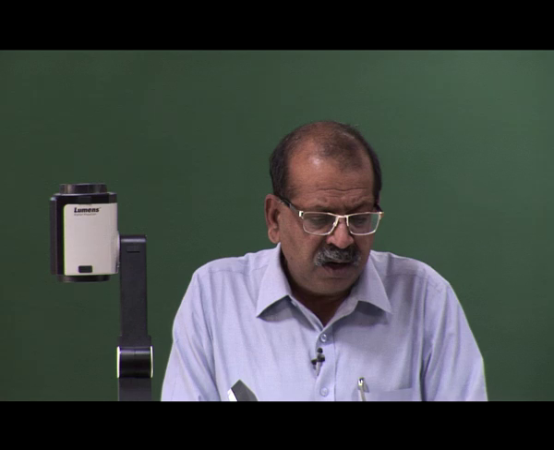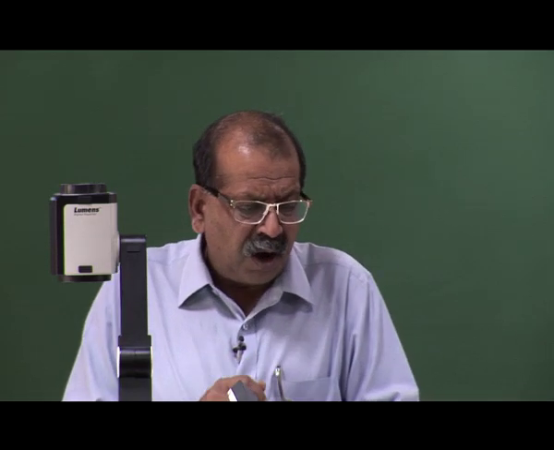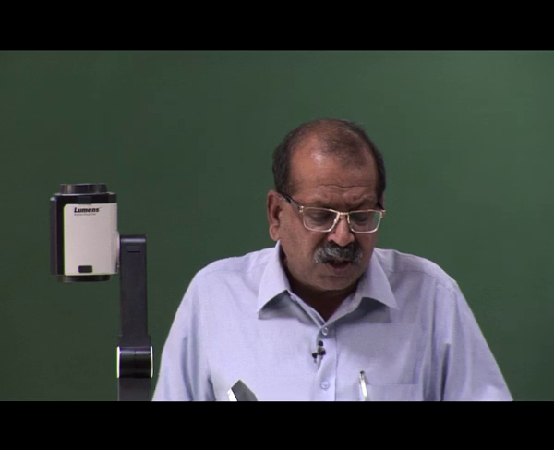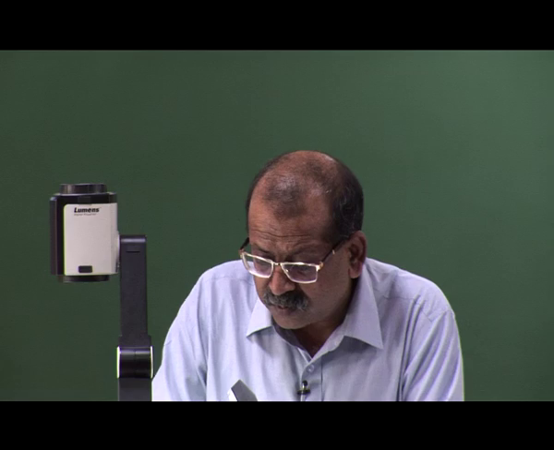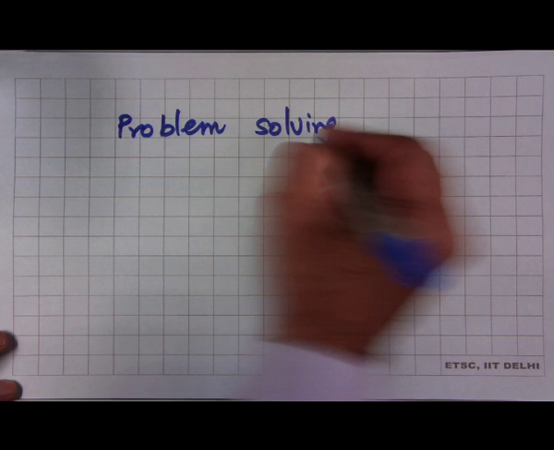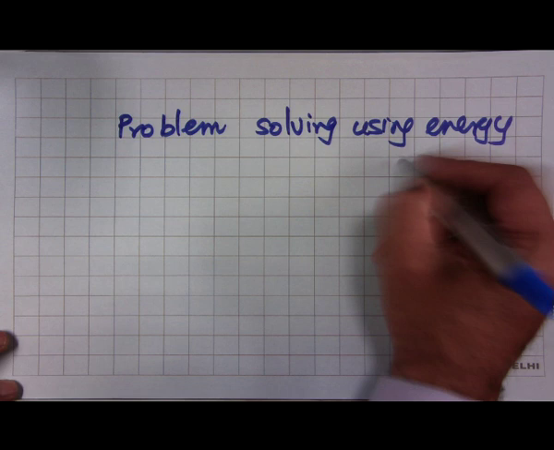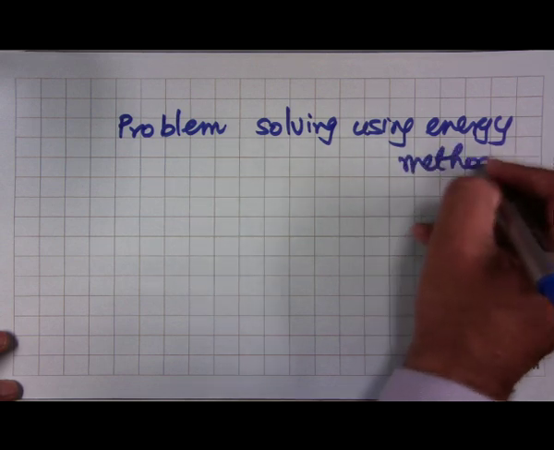So, we have seen the energy methods as a whole, and let us try to sum up how energy methods help us in problem solving. Let us see problem solving using energy methods.